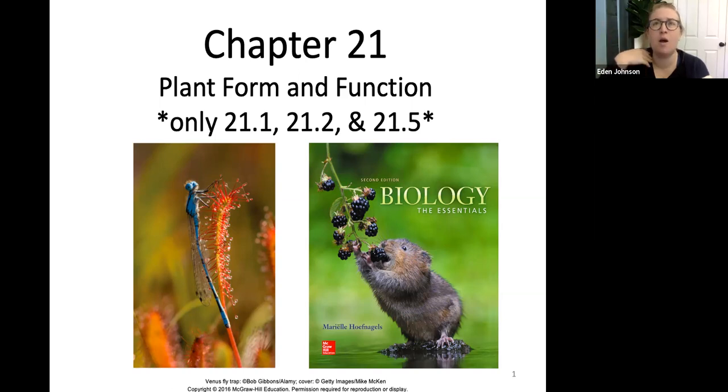Nah, you need to know how things work and base level stuff about how plants grow. But other than that, why would you need to know the ins and outs of photosynthesis? You just don't need to. You don't go through photosynthesis. So we are only focusing on sections 1, 2, and 5 for chapter 21.